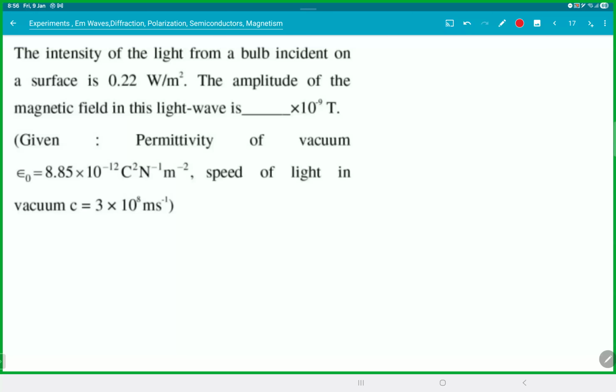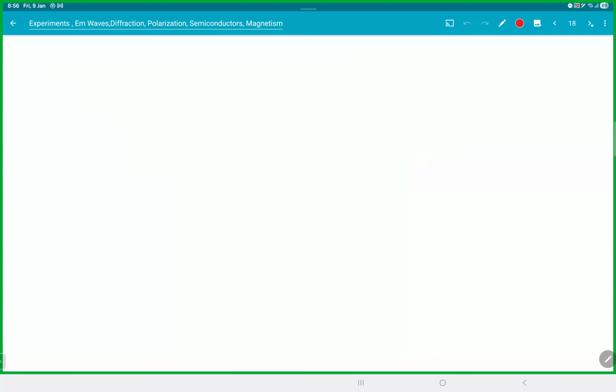Yeah, magnetization is removed. Intensity of the light bulb is given, 0.22. So I is directly given. So I is equal to 1 by 2 mu naught B naught square C. You will get this. I'll leave it to you. You can handle this now.